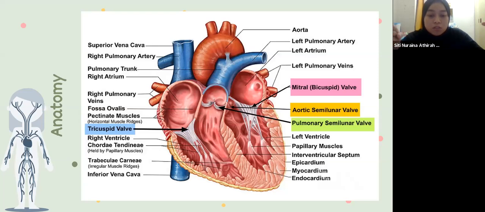The ventricular contraction will pump the blood out through the pulmonary arteries and then go to the lung, and then the oxygenated blood will come back to the left atrium and flow to the left ventricle, and the contraction of the left ventricle will close the mitral valve and open the aortic valve and pump the blood out from the heart through the aorta and go to the whole body. So, next.